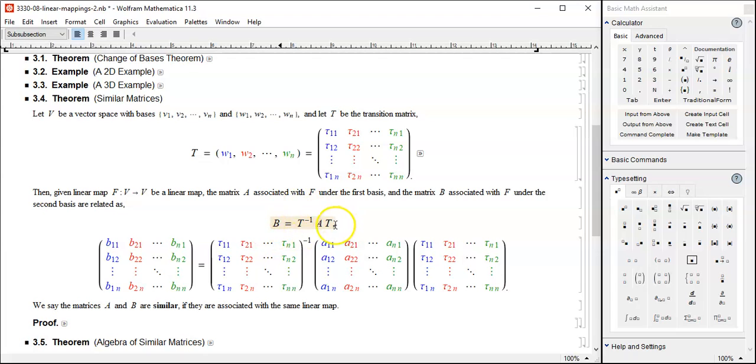So if we have similarity between matrices A and B, then that means A and B represent the same linear map, or A and B are associated to the same linear map, but with respect to different bases.